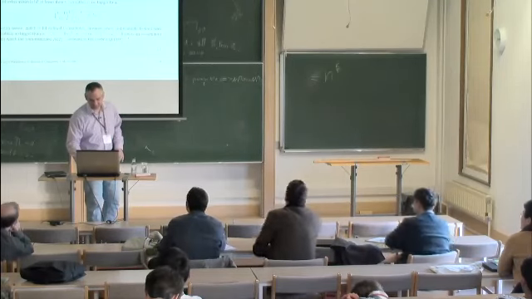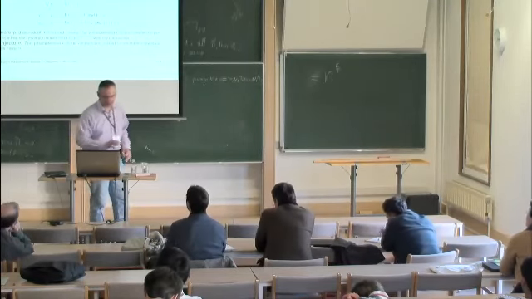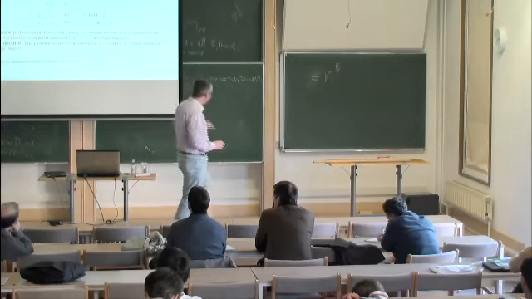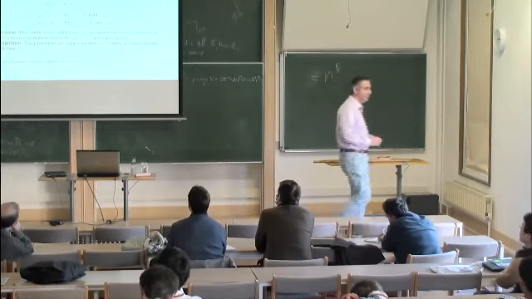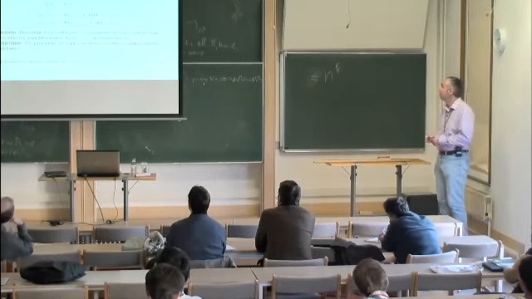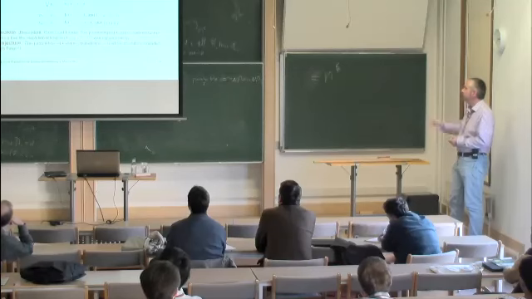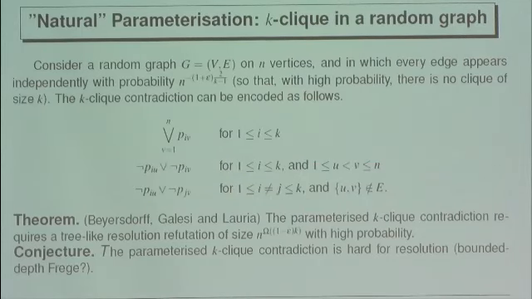Well, anyway. So, this same group of people, except for Sasha Zborov, actually found a contradiction in which parameterization comes naturally.